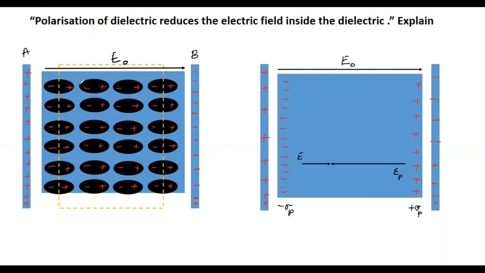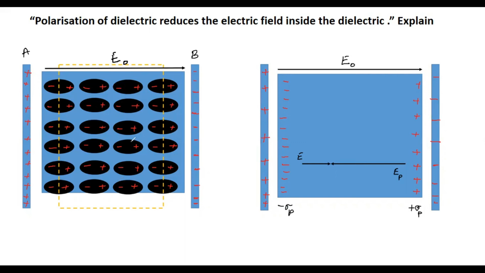Right? Now what will happen here, if you see, this first vertical column of positive charges will be cancelled with the nearby vertical negative charges. Then again, here also you have a vertical column of positive charges. They also get cancelled with this vertical column of negative charges.